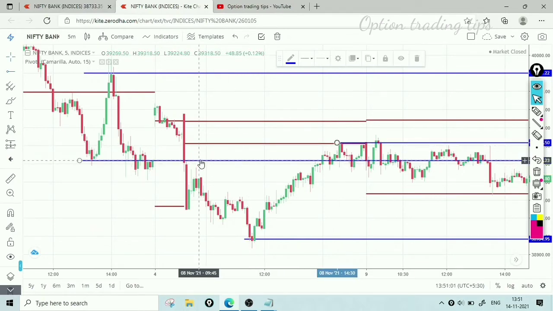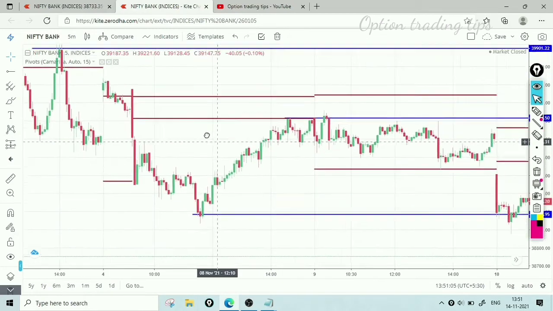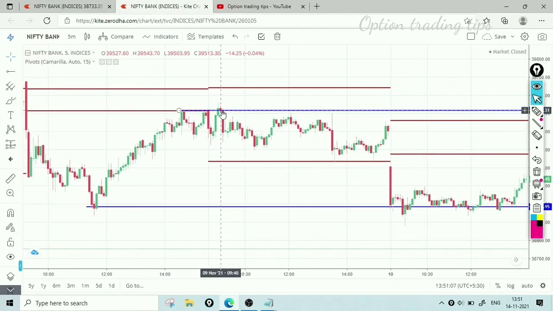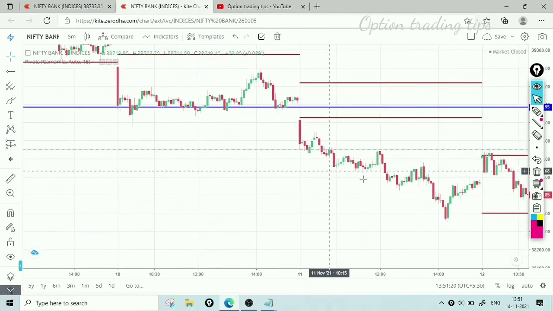This also had a breakout. So we will remove this line. The resistance did not allow the market to break. It rejected, reversed and went down. The support did not allow the market to go down. It tried to change the market trend towards the upside.